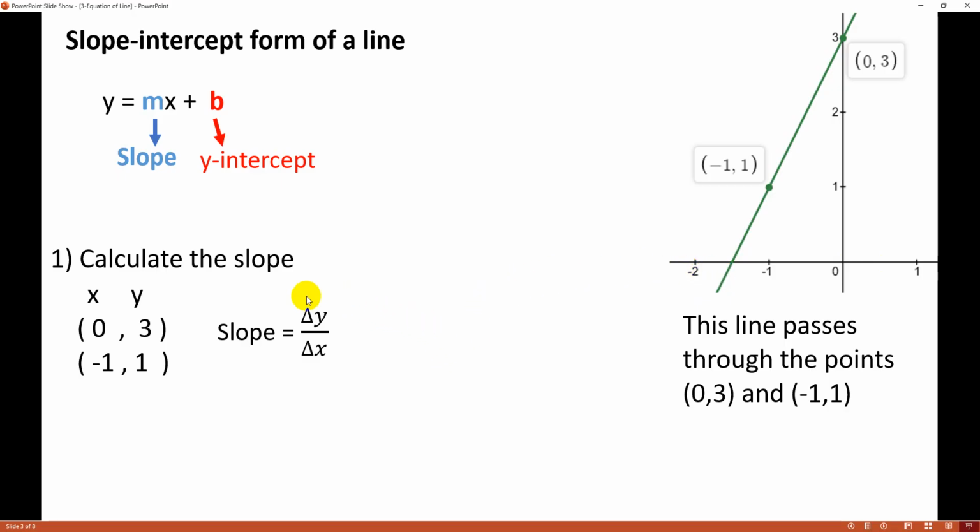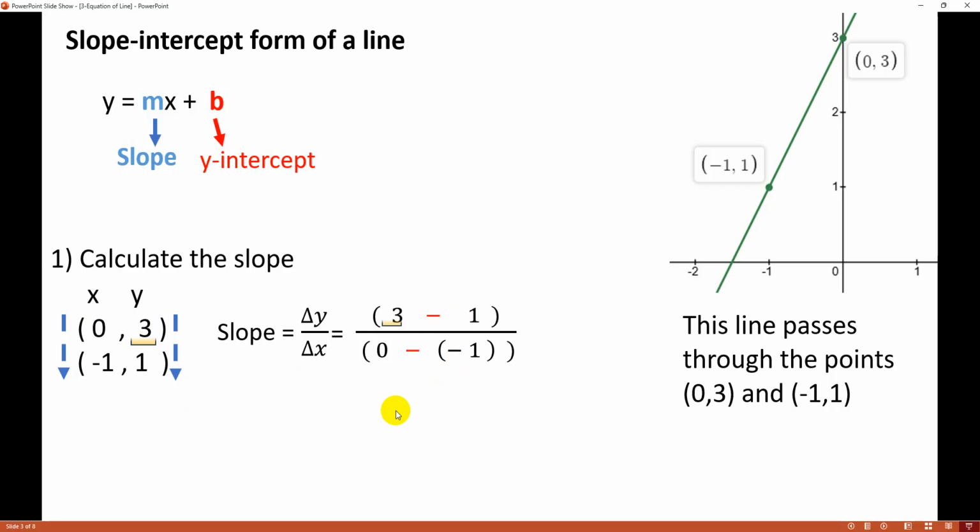Now, when I say difference of y over difference of x, I mean we're going to subtract one coordinate of this y here, this 3, minus this 1. And we're going to divide that by the difference of the x's, which is 0 minus -1, as we see here.